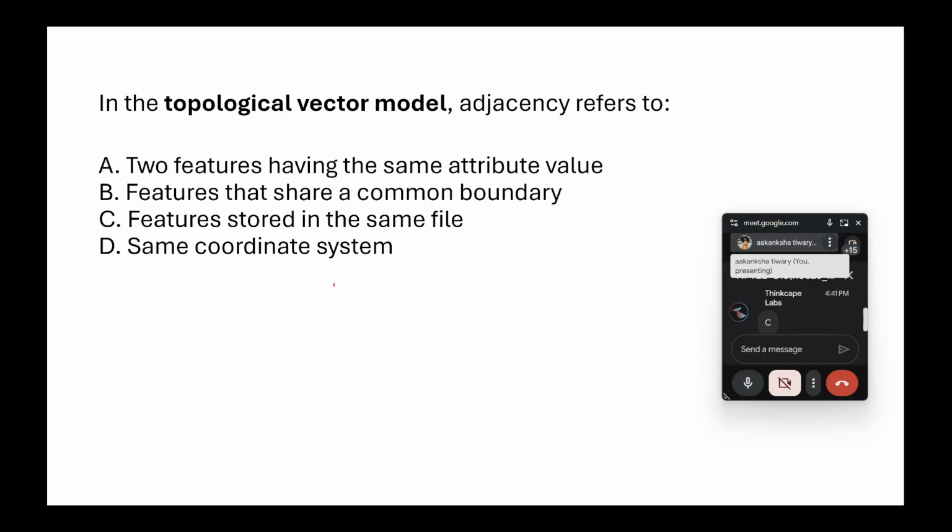Now the next question is, in the topological vector model, adjacency refers to what? A. Two features having the same attribute value. B. Features that share a common boundary. C. Features stored in the same file. D. Same coordinate system. So what does that refer to?